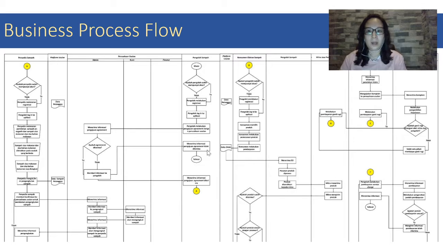What you need to put inside the notation is the process. So make sure that you use a verb. You don't only put "order"; you need to put a verb, for example creating order.